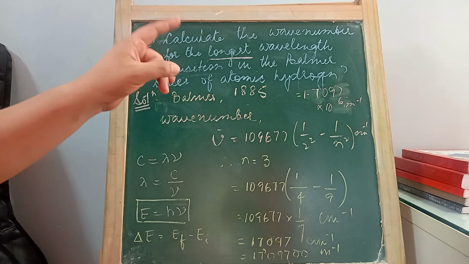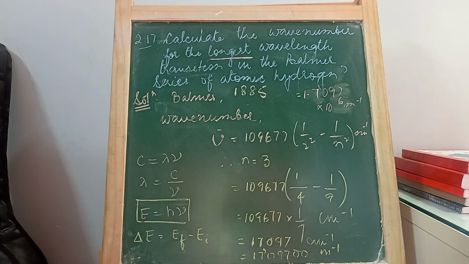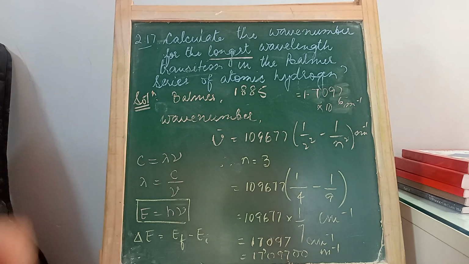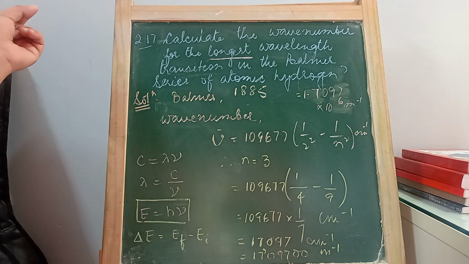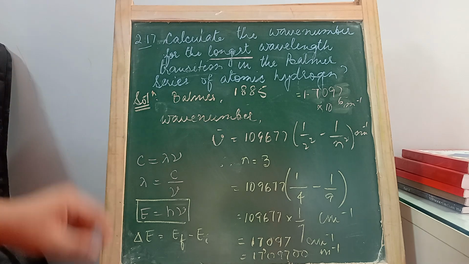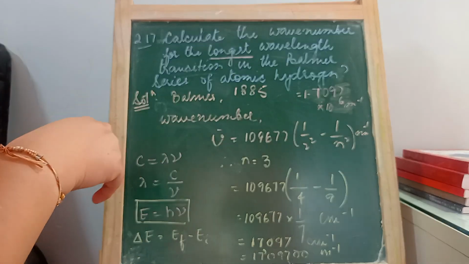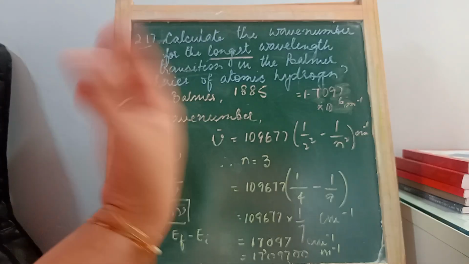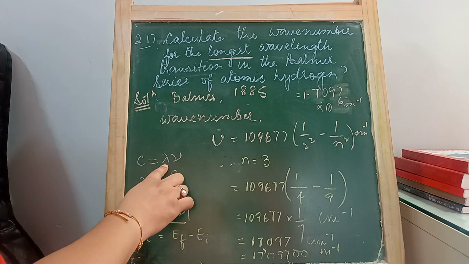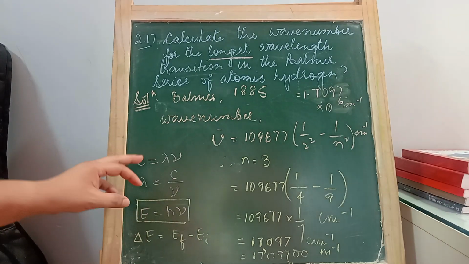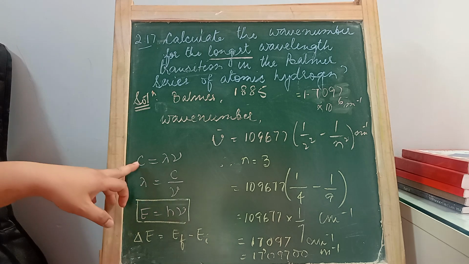But the question is talking about the longest wavelength. The longest wavelength corresponds to the least energy, least frequency. For any electromagnetic wave, whether it is gamma rays, X-rays, ultraviolet, visible, microwave or radio waves, the product of the frequency and its corresponding wavelength will be the same. It is the speed of light in vacuum, that is 3 × 10^8 meters per second.